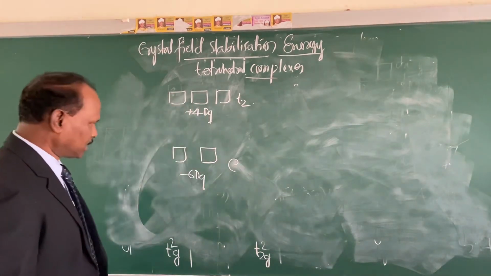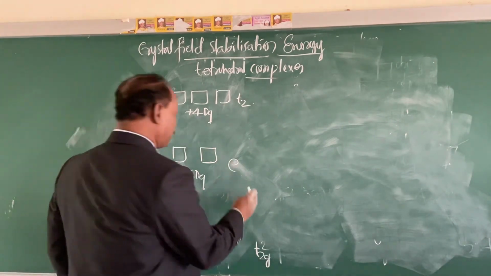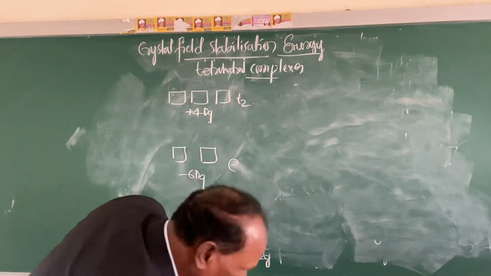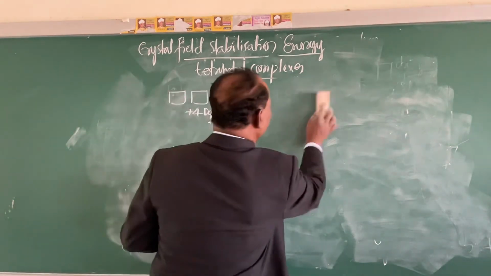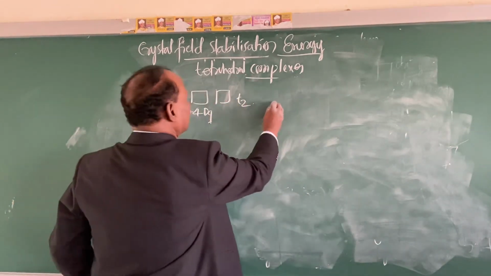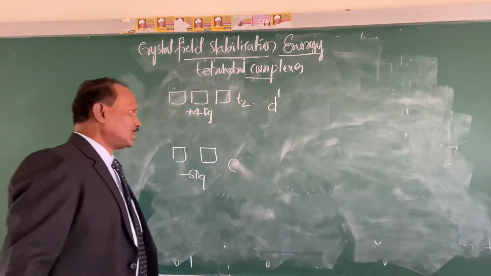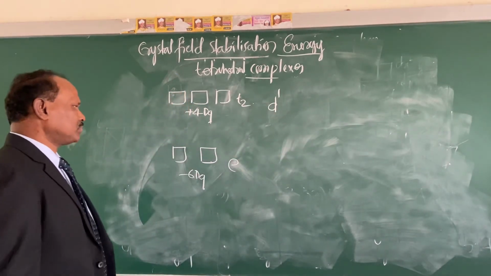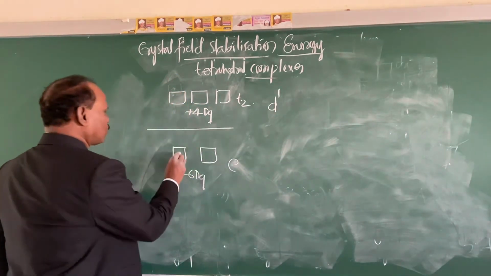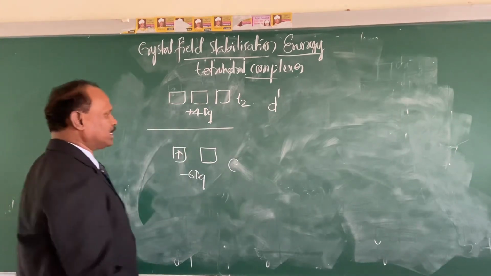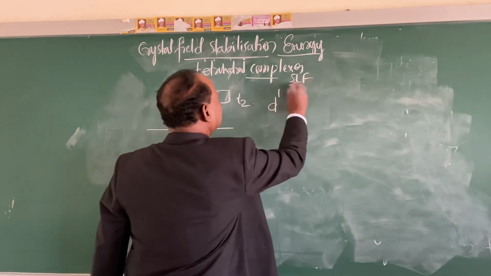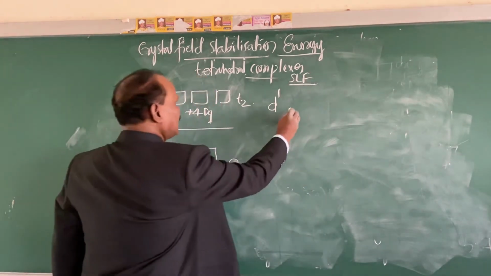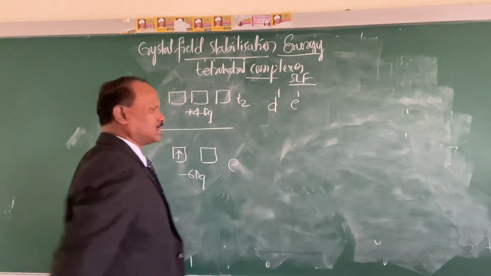Now let me write for the d1 system, both in strong ligand field and weak ligand field. So one electron is there, therefore I will write here that one electron here. The configuration for strong ligand field is e1, right?